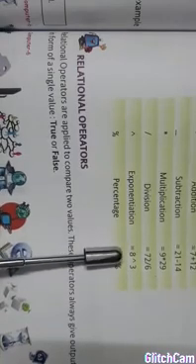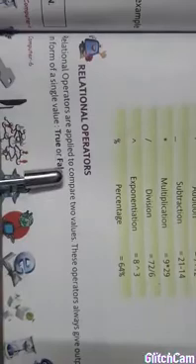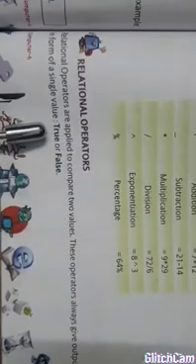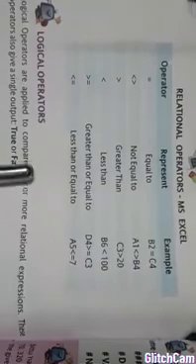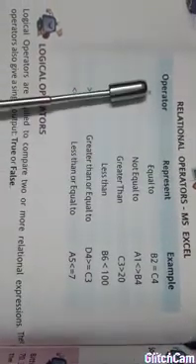The answer will come in the form of true or false, yes or no, right or wrong. So when we compare only two values, the answer will come in the form of true or false, right?